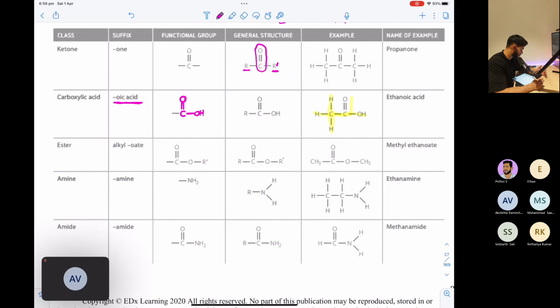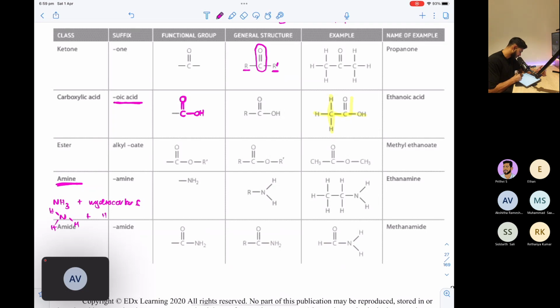Now, there are a few more compounds. We'll talk about amines first. Now, amines occur when you combine ammonia to a hydrocarbon. What happens is the NH3 looks like this.